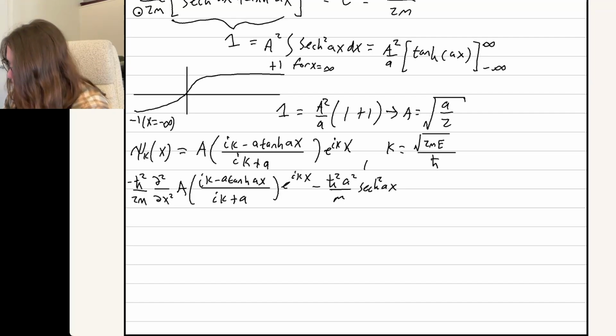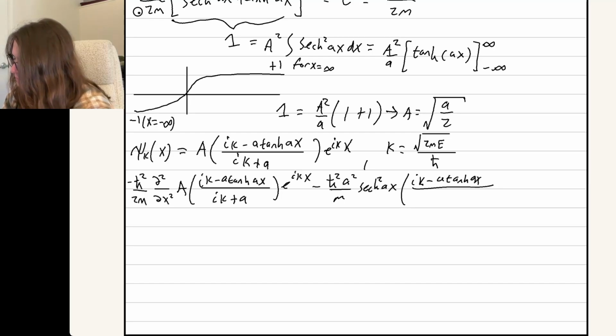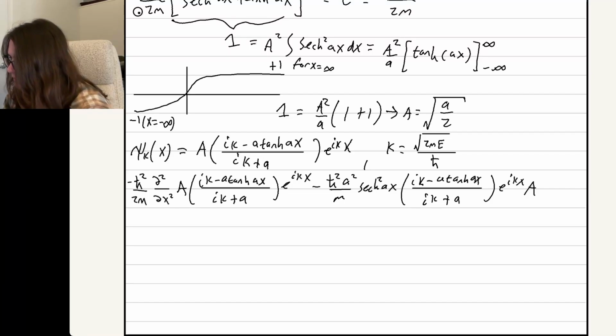That's the same potential as before, if that's not entirely clear in the problem statement. And this is over ik plus a, e to the ikx. And there's also an a that I forgot to write.